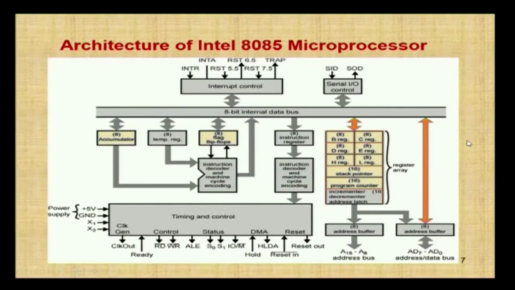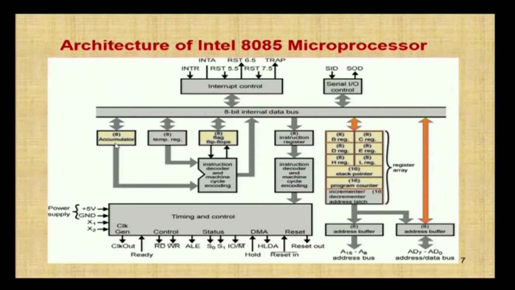Now let us see the architecture of the 8085 microprocessor. This is the internal architecture of the 8085 microprocessor. In the internal architecture, as far as we are concerned, we will be writing the program for the microprocessor in assembly language. So for programming purposes, it is enough that we know a few of the registers.